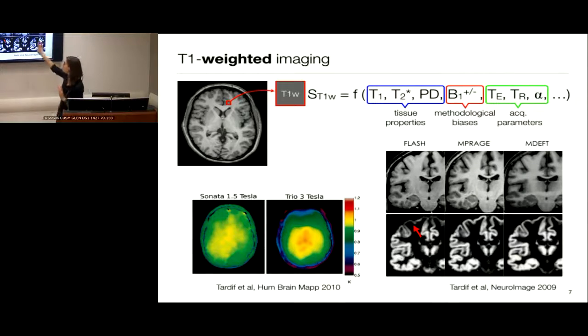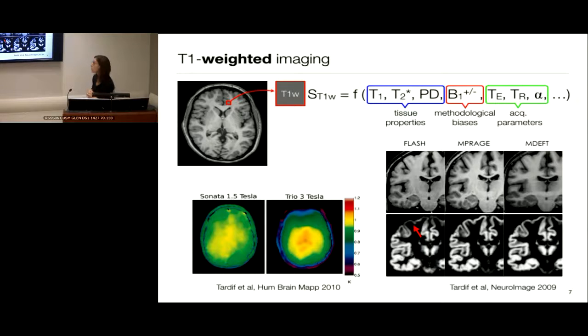And so here, for example, you have 3 different T1 weighted acquisition sequences, which are differentially affected by B1 non-uniformity. And that will then have an impact, for example, on the gray matter segmentation as a result. Okay? So this is an important confound because basically it's about the system. It's not about the tissue, and that's really what you're interested in.